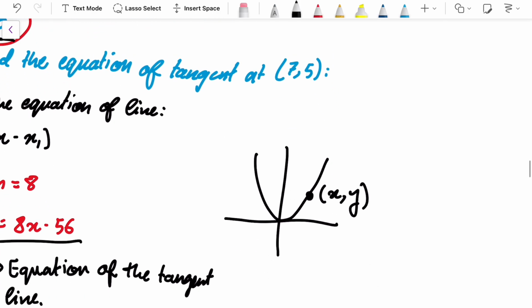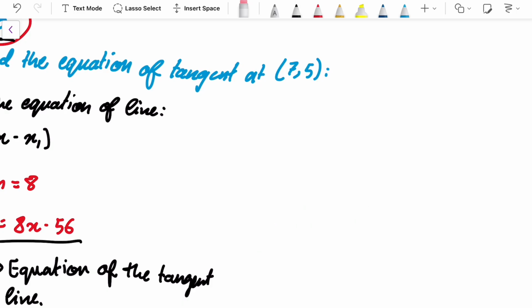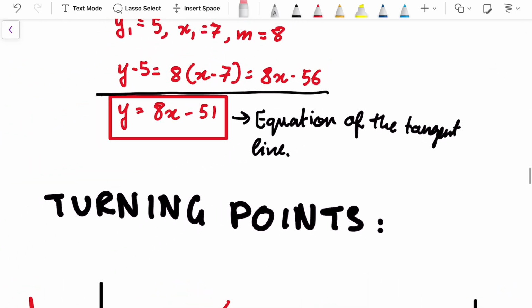So if there is a line that goes through this point and has the same gradient, m, then obviously it's going to be tangent at this point, all right? Because we know that the gradient at this point is this much, and it passes through this point, and that is why that is our tangent line. And that is why we follow this process to come to the equation of the tangent line.